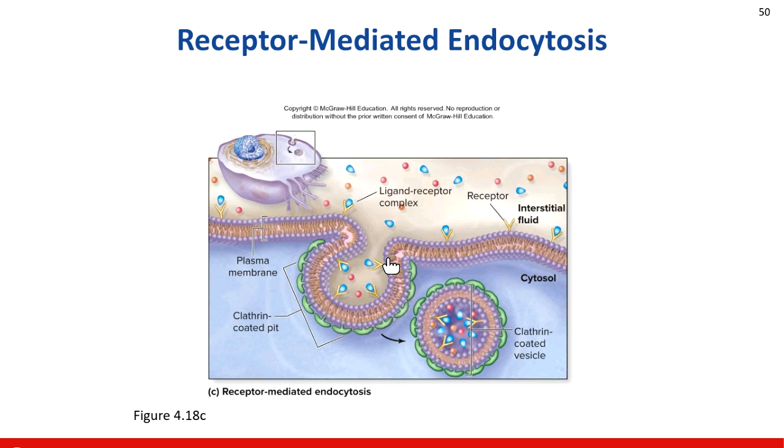And when it gets enough of them, it starts to wrap itself up. And then it pinches off that part of the plasma membrane with the receptors that have the lipids there. And what it does is it puts a special protein coating on the outside of its vesicle. And that protein coating is called clathrin. And that identifies the vesicle as having these lipids on the inside.